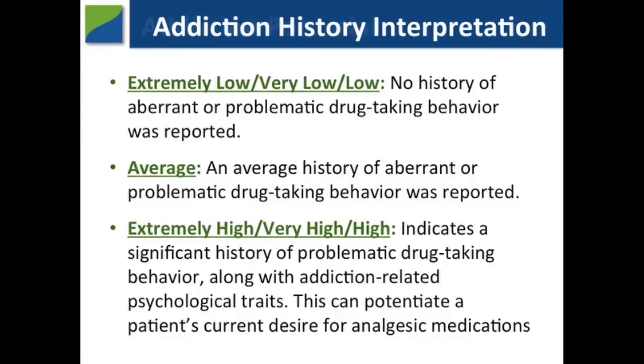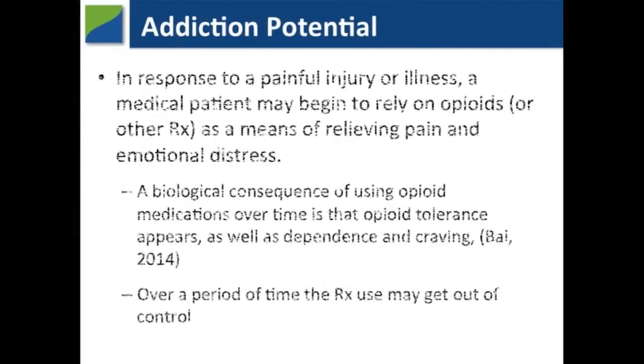In contrast, if we think about the addiction potential cluster of items, this syndrome is thought to begin with a response to a painful injury or illness to which the patient responds with high distress, poor coping, and a tendency to rely on medications as a means of relieving pain and emotional distress as well.